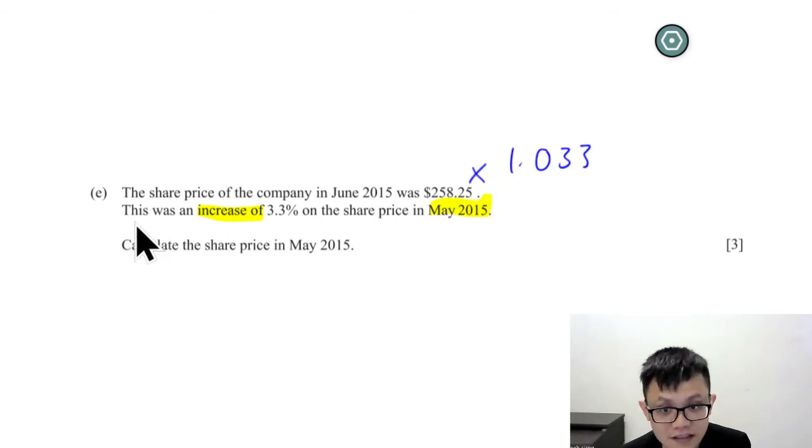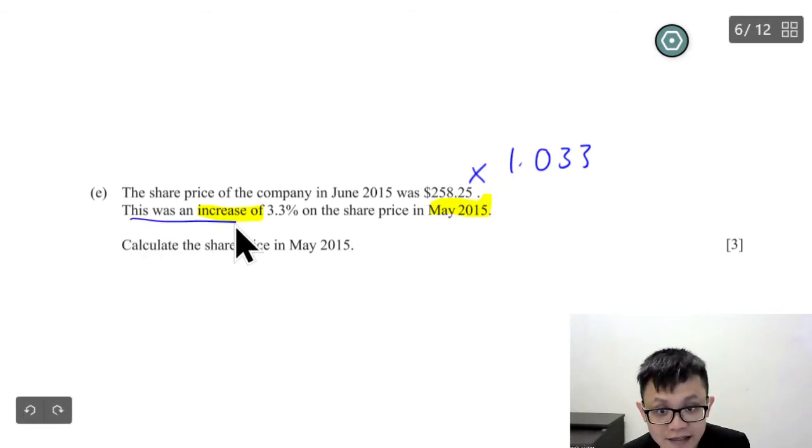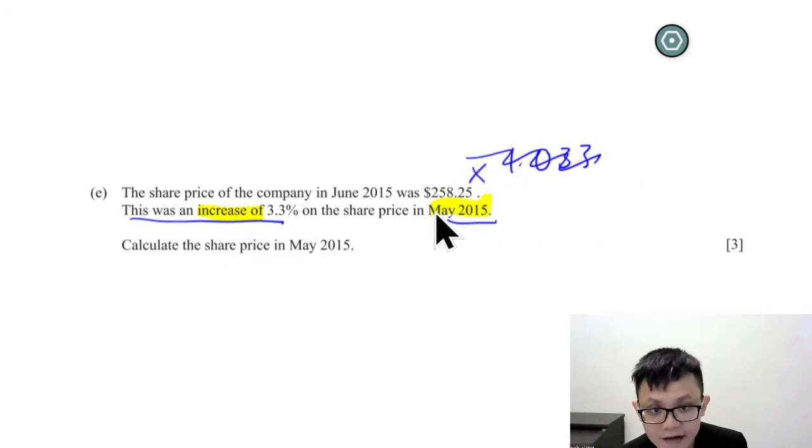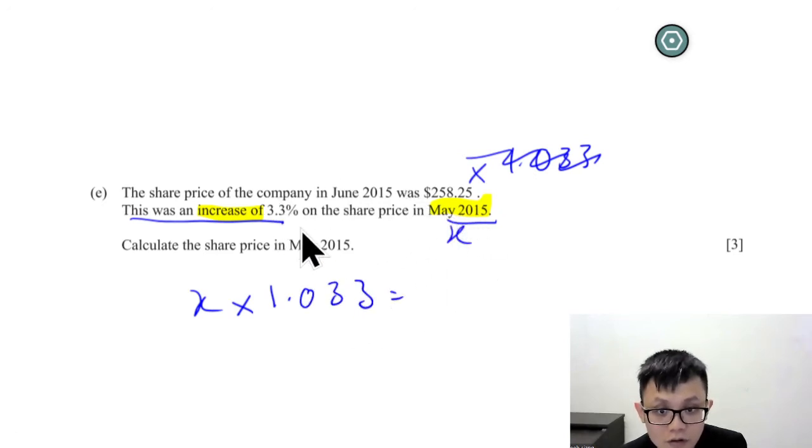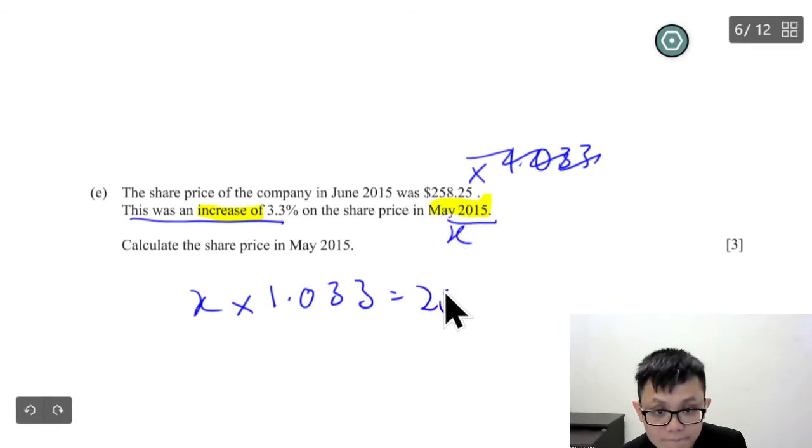Because you see this question. This was an increase 3.3% of May 2015. So means that May, let's say I assume this one is X. X times 1.033 equals to 258.25. Correct or not?